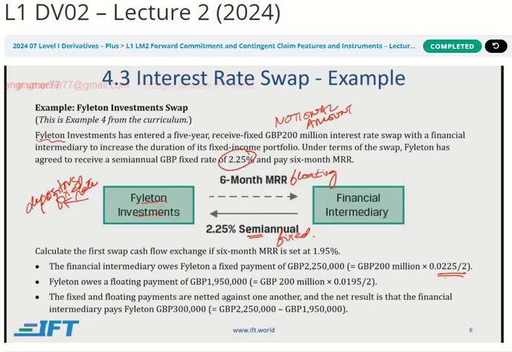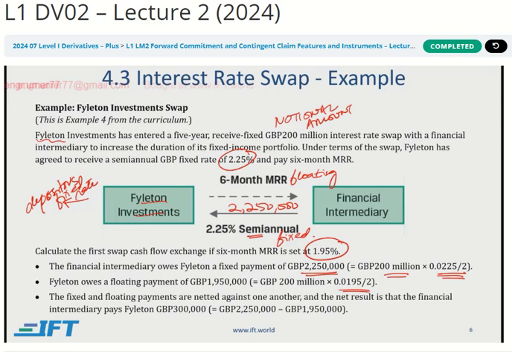So 2.25 divided by 2 multiplied by the 200 million gives you 2.25 million, which is the amount that Filton should receive, the total amount that Filton should receive, which is 2,250,000. Whereas Filton has agreed to pay the floating rate, which happens to be 1.95. And that is less than 2.25.